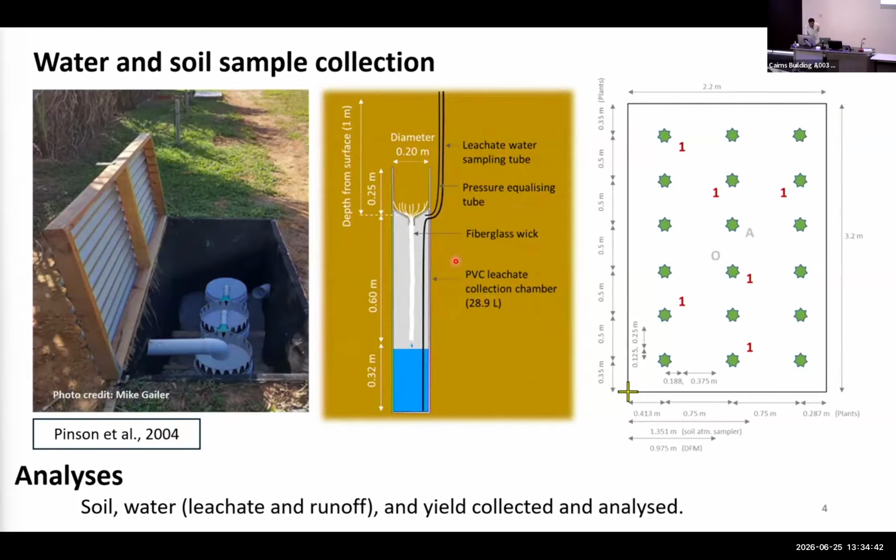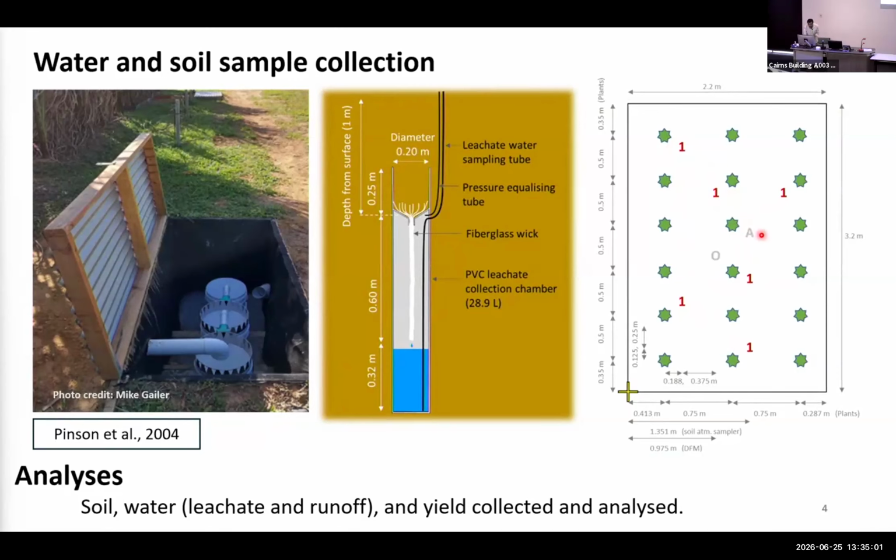This is a drainage flux meter, and this is a sample plot. The green one is the sugarcane. The numbers are the spots where we collected post-harvest soil to come up with one composite soil sample. Here is a spot where we installed the soil atmosphere sampler to collect the concentration of carbon dioxide.